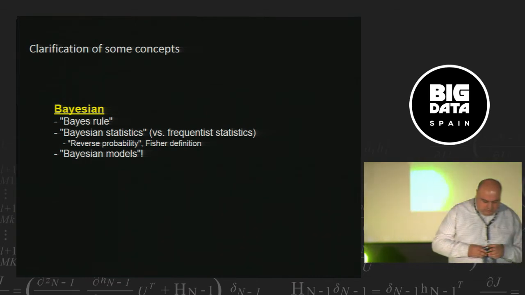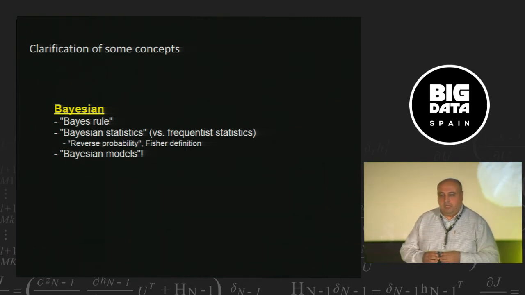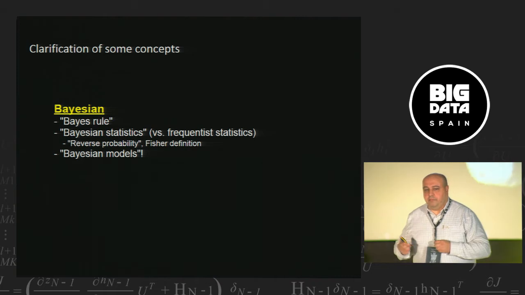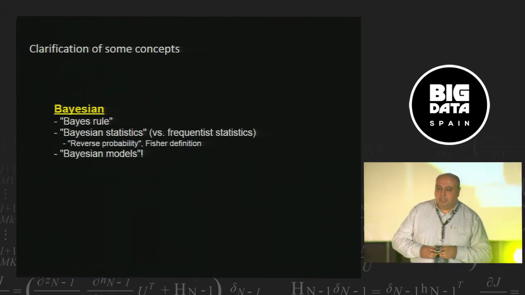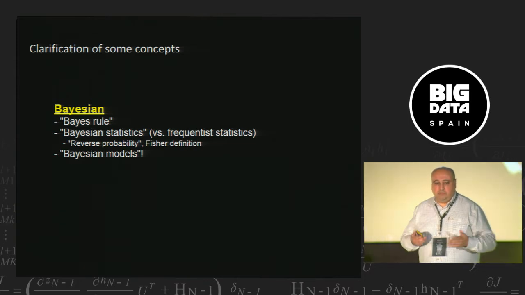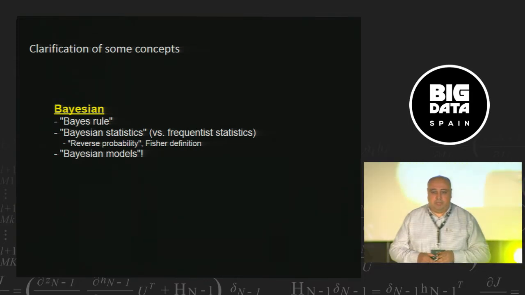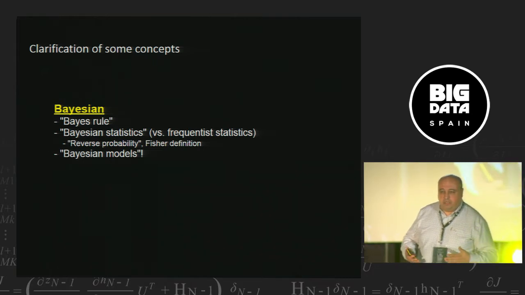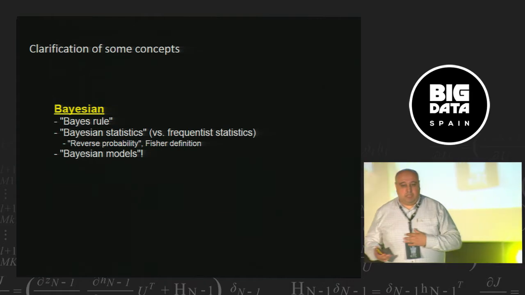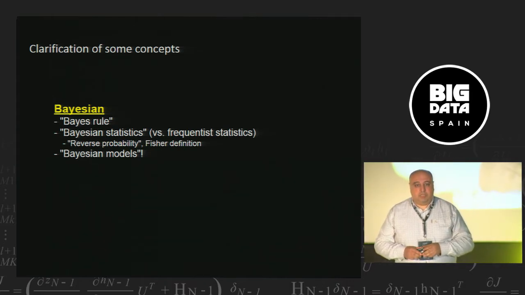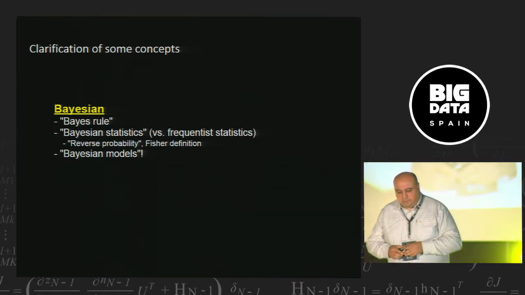Actually, I was a bit surprised when I first heard that the one that created the term Bayesian, to talk about Bayesian probabilities and Bayesian models, was actually Fisher, who is pretty much considered the father of modern statistics. He's the one that put some mathematical rigor to statistics and developed frequentist statistics, the kind of frequentist statistics that we've been doing mostly during the 20th century.